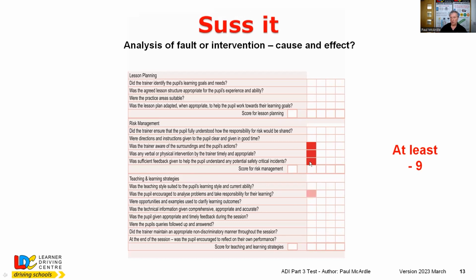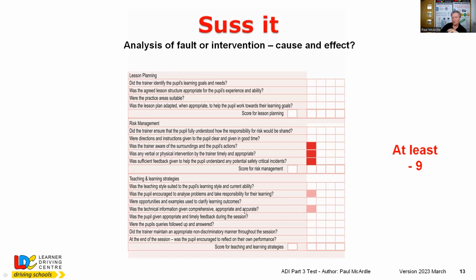Now, as you know, if we didn't see it, was the pupil encouraged to analyse problems and take responsibility for learning? Well, they weren't, because you never brought it to their attention. So it's obviously going to affect this teaching and learning strategy, to some degree, possibly as much as -3, but I'm not saying that it's that bad at this stage.